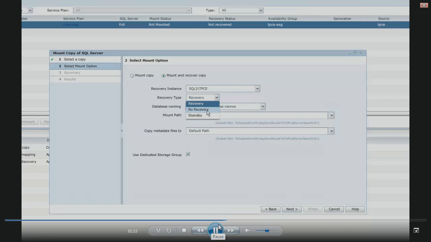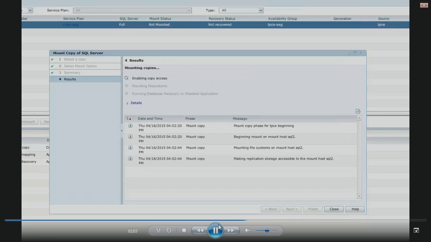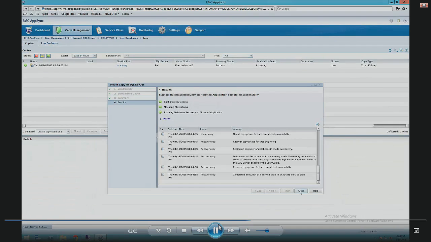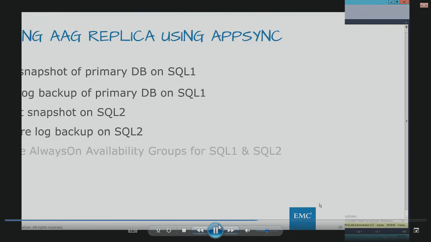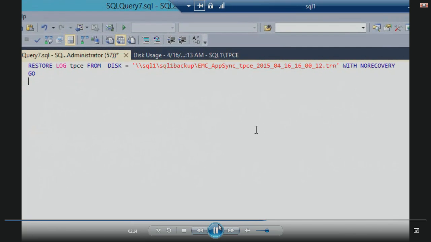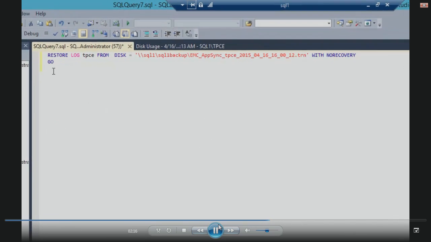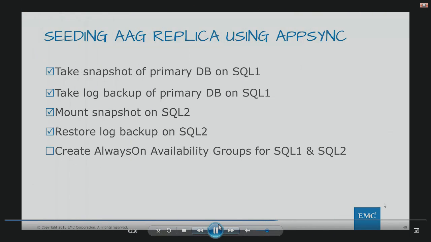So go ahead and recover the database in no recovery mode. When that's done, I'm ready to restore the active log on the replica. I will go to SQL Server Management Studio to run a script to just restore the log.